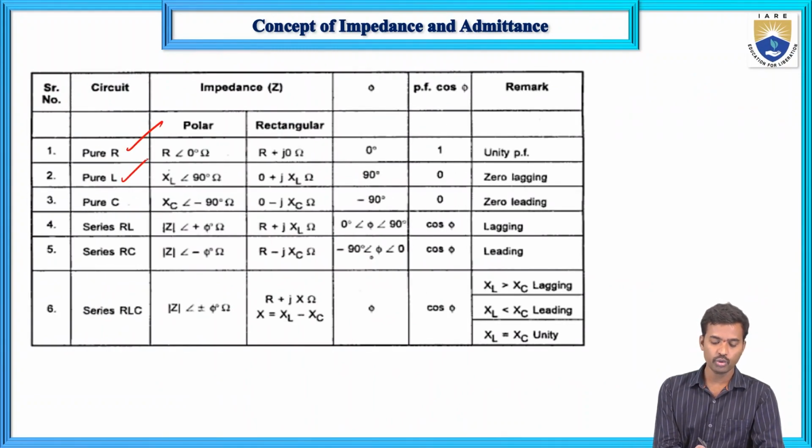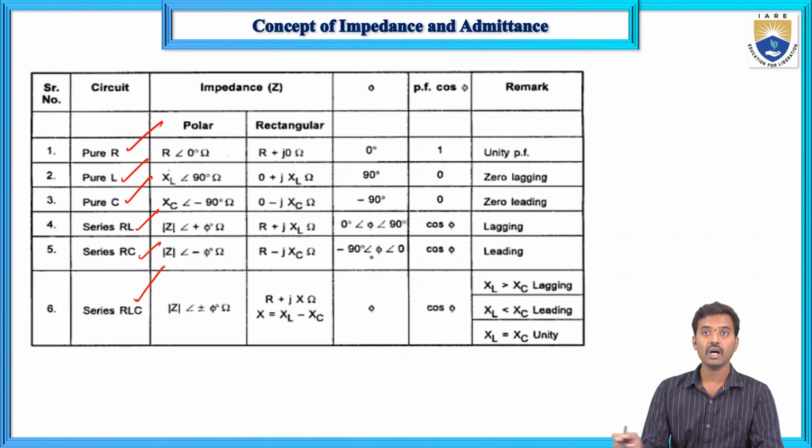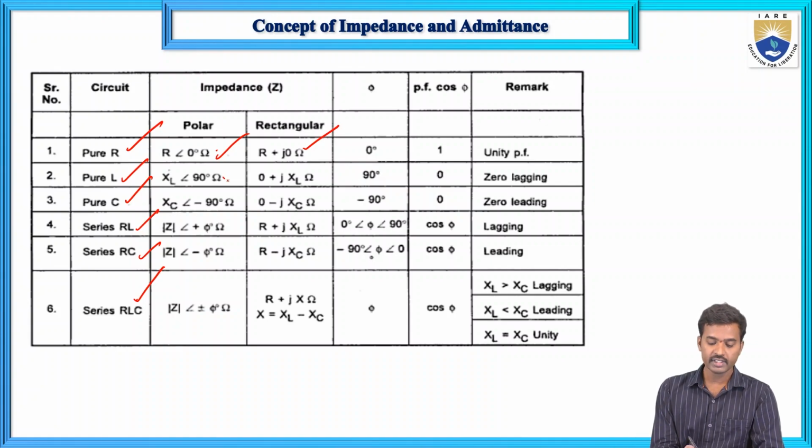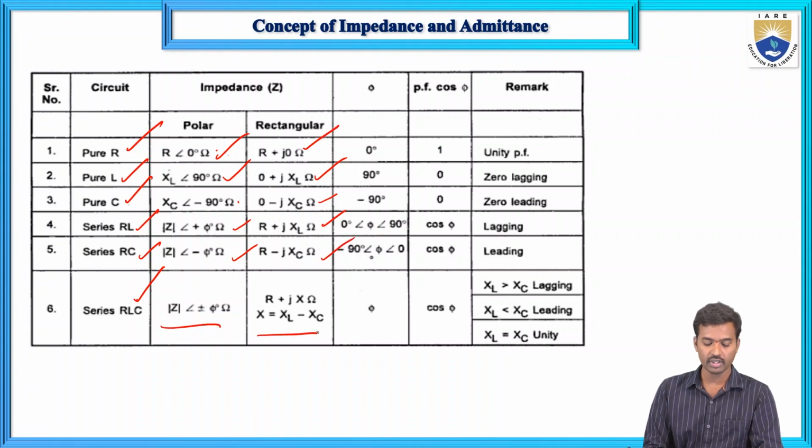So we have the pure resistor case, pure inductor case, capacitor case, RL circuit, RC circuit, and series RLC circuit. So this is the polar form and rectangular form. R at an angle of 0, R plus j0; XL at an angle of 90, 0 plus jXL; XC at an angle of minus 90, 0 minus jXC; and Z at an angle of phi, R plus jXL; and R minus jXC, and this one is the RLC circuit.